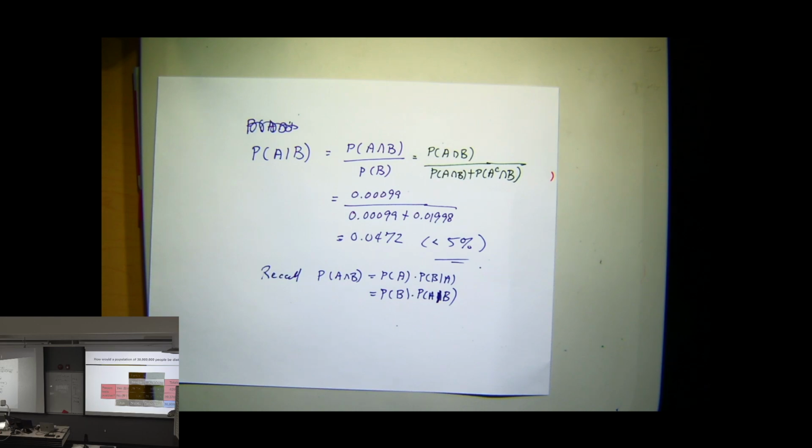And so this is a false positive. We call it a false positive because there are people who tested positive that don't actually have the disease. And notice that those false positives totally swamp the numbers who actually have the disease.